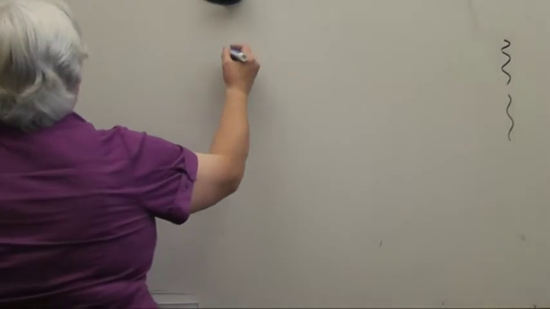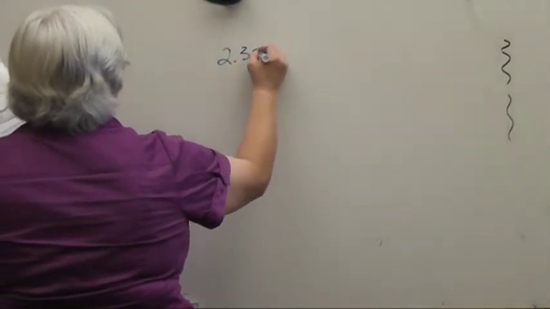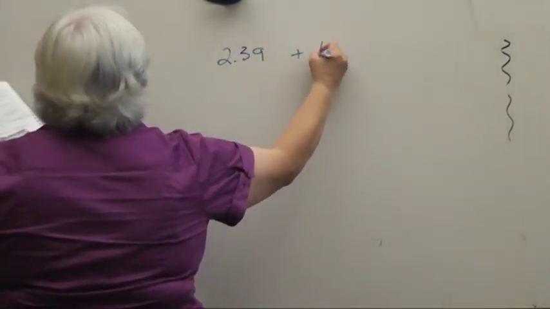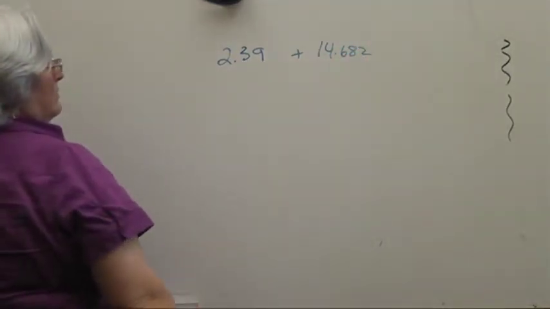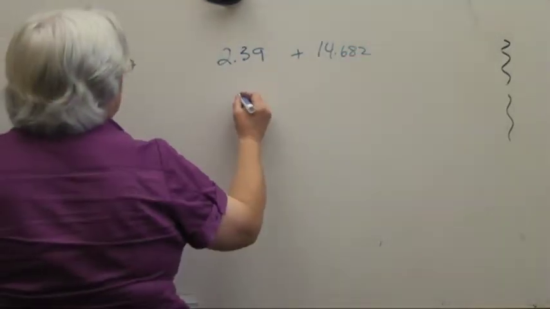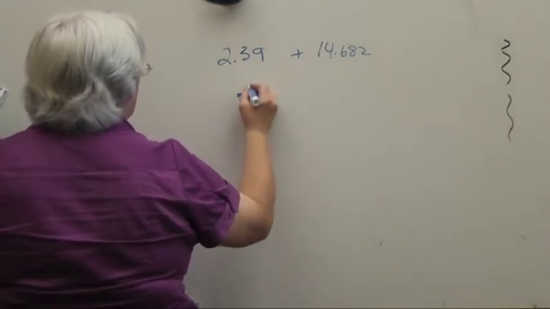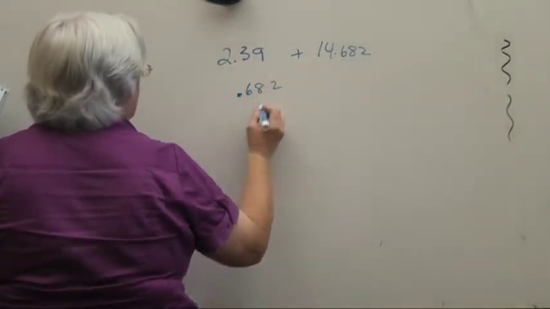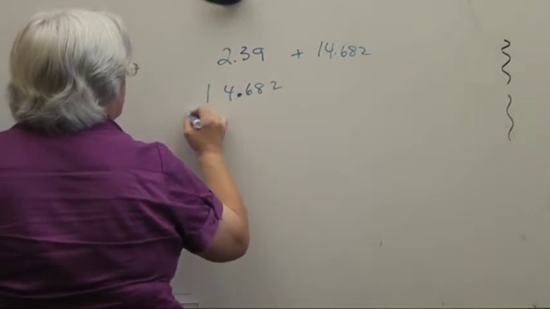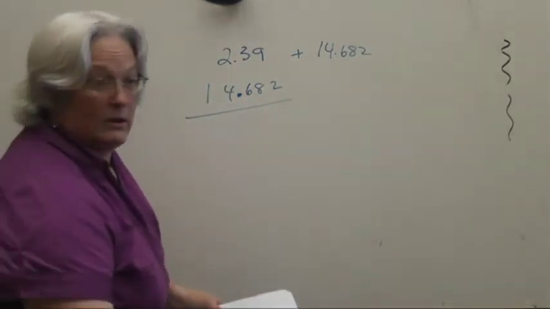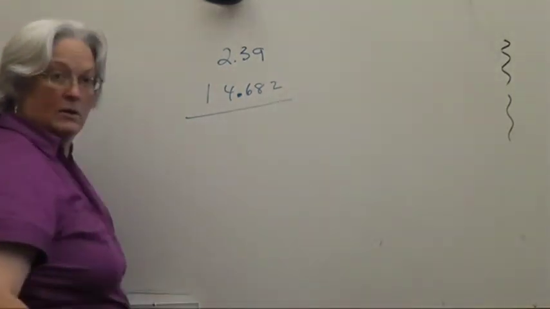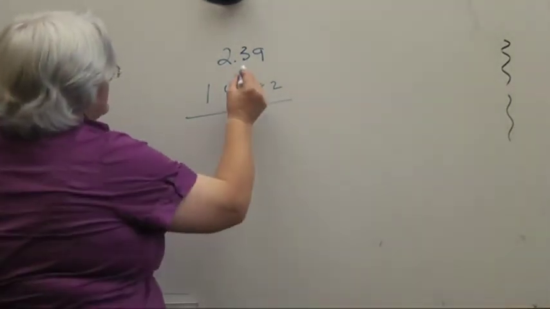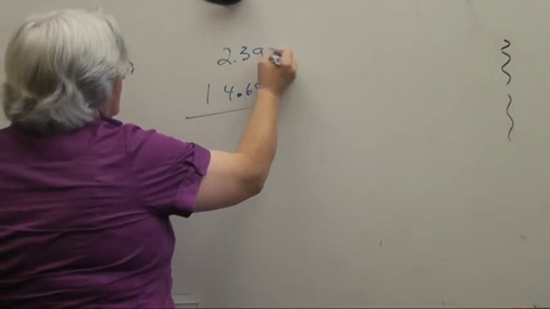It says add 2.39 and 14.682. What do you do to add rationals that are in decimal form? You have to make sure that you line up the decimal places, don't you? We have a differing number of decimal places, 2 and 3.